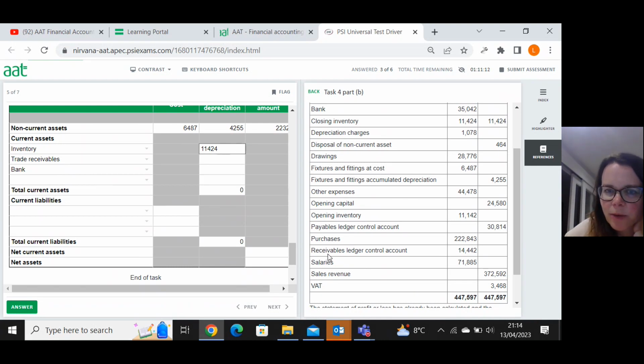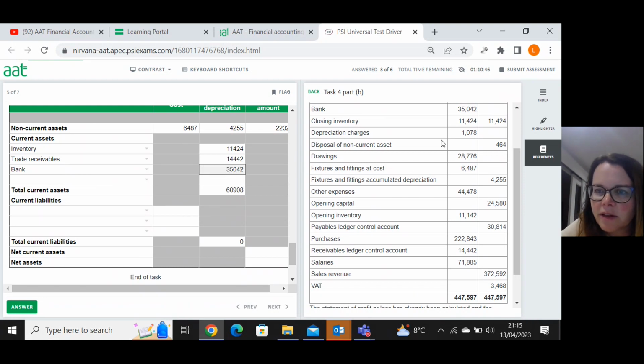Trade receivables will be the receivables ledger control account. And if there was an allowance for doubtful debts, we would have to subtract that as well, but there isn't here. So we're just going to put in the 14442. Bank, 35,042.